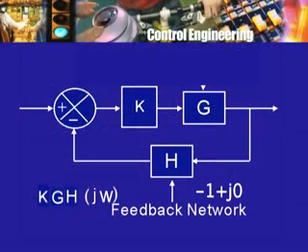And remember that the point minus 1 plus j0 plays an important role there. Also, the idea of the Nyquist contour, the image contour, and the encirclement of the point minus 1 plus j0 by the image contour.